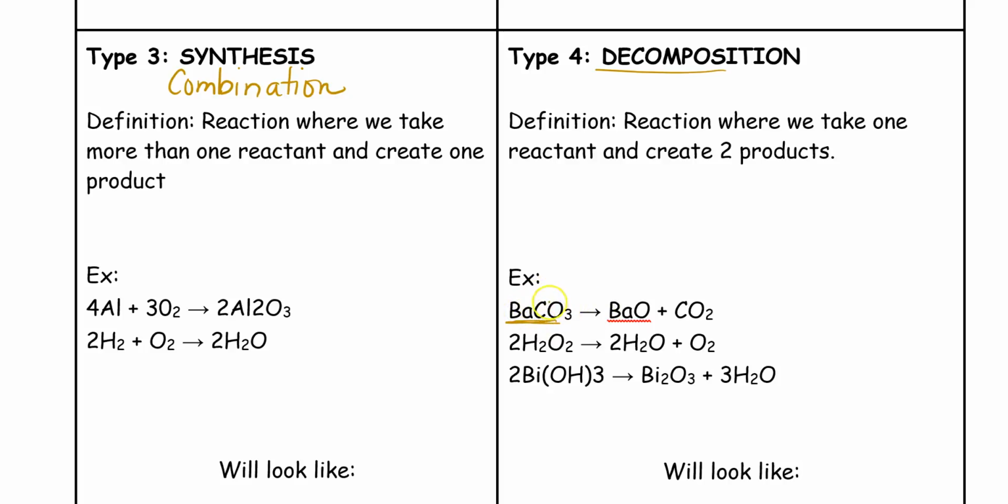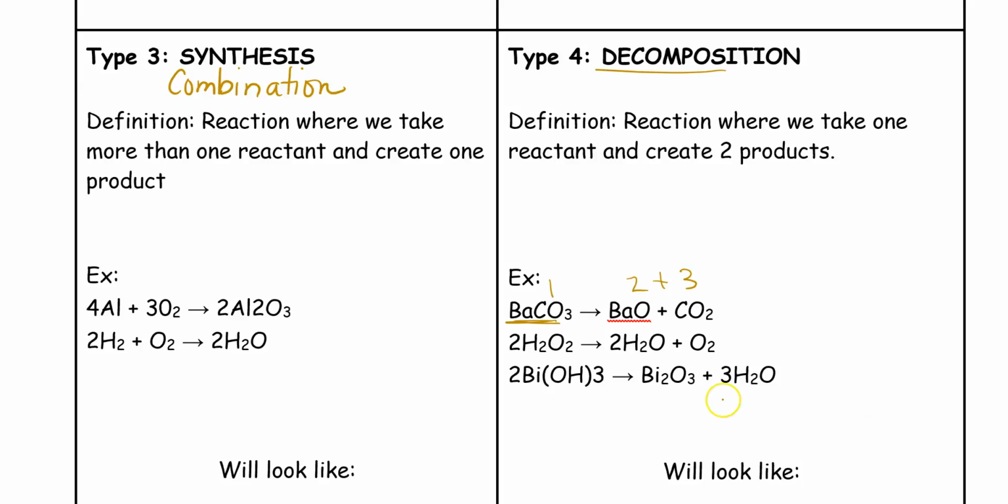We break it down into its parts, where we end up with barium oxide and carbon dioxide. So see how we start with one thing and now we have 2 new products. Same thing down here, hydrogen peroxide to form water and oxygen. And the last one is bismuth hydroxide to form bismuth oxide and water.